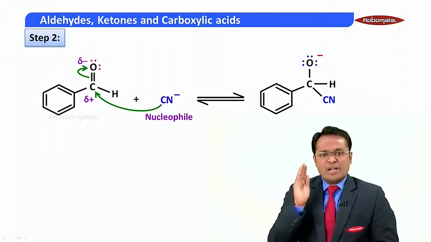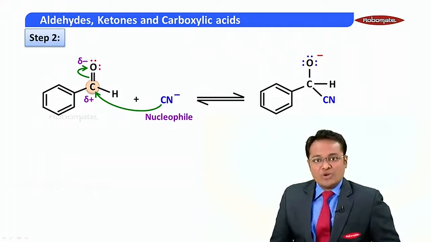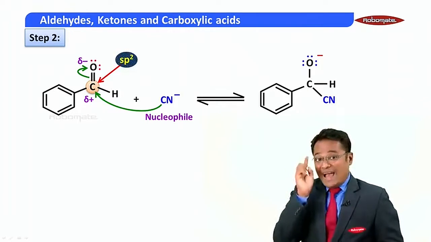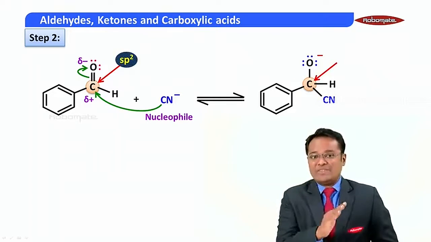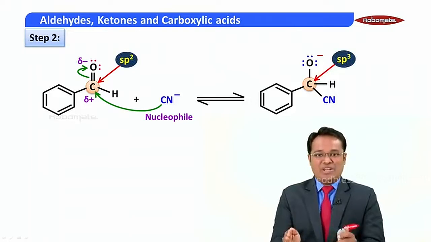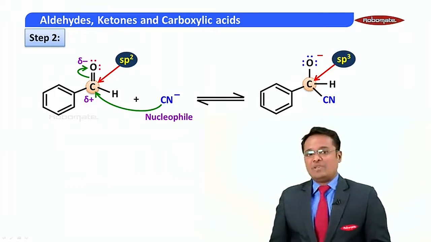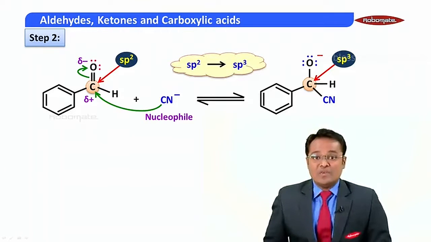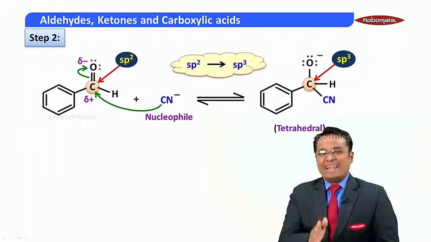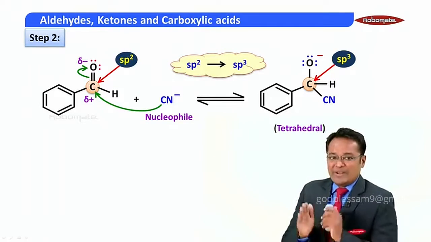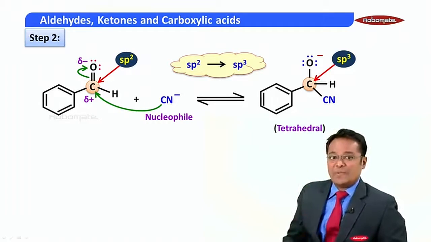Now students, remember in the reactant side, the carbon atom is sp2 hybridized, and the carbon atom in the product side is sp3 hybridized. So here, students, there is one clear indication. There is a change in hybridization from sp2 to sp3, which can be a very important point for entrance exams. Can we tell about the geometry? It will be tetrahedral in nature in the product, because it's sp3.